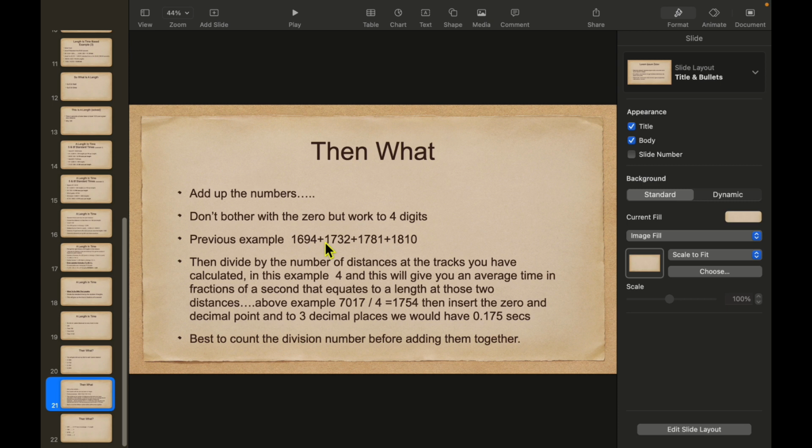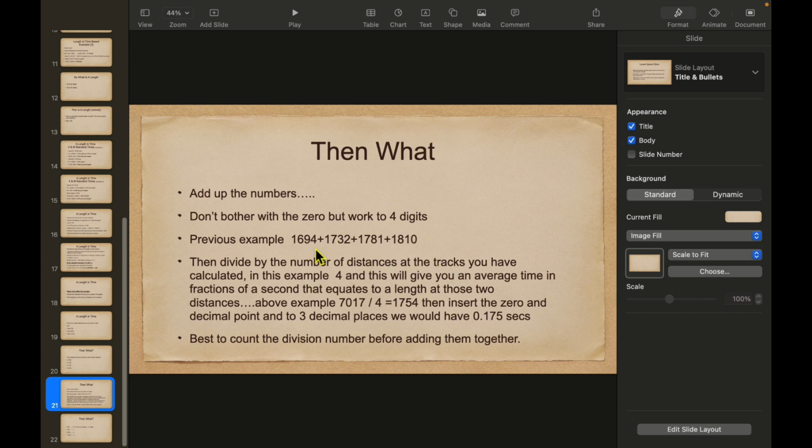So, what to do with all the list of numbers you've got? Don't bother with the 0 or the point. Just work to the first 4 digits after the decimal place. So in the previous example, you would add these 4 numbers together. Then you divide the total number by the number of individual calculations you've done.